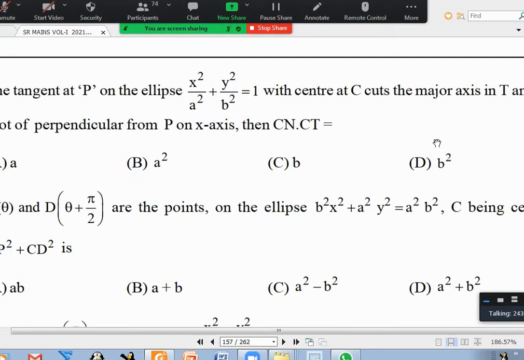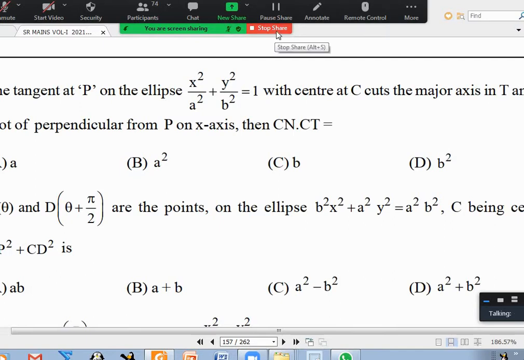After finding the equation of the tangent, substitute y equals 0 in that. Then we'll get the x1 value as a by cos theta. Then if we find the foot of perpendicular to the line y equals 0, we will get the point N, sir. A cos theta. Yes. Then CN into NT we will get, sir.